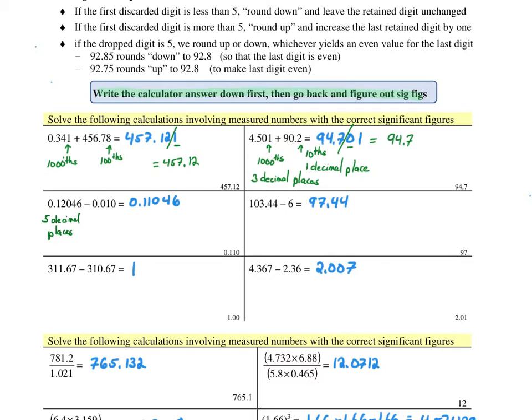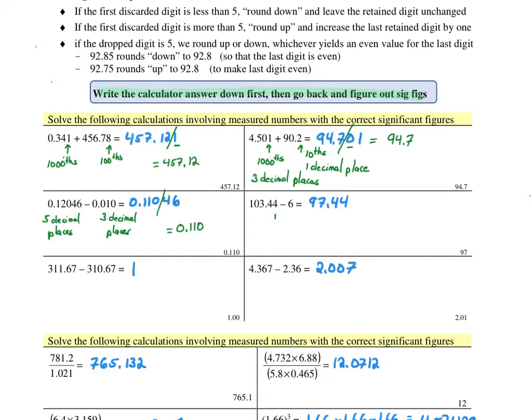However, our worst measurement is this second number here because we only have 3 decimal places. So our worst measurement always determines the sig figs. In this case, it's 3 decimal places, which means that our final answer is correctly expressed as 0.110.